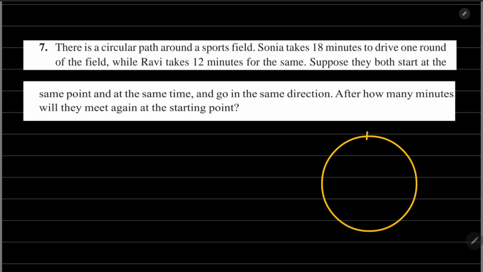Sonia takes 18 minutes to drive round the field, while Ravi takes 12 minutes for the same to complete.